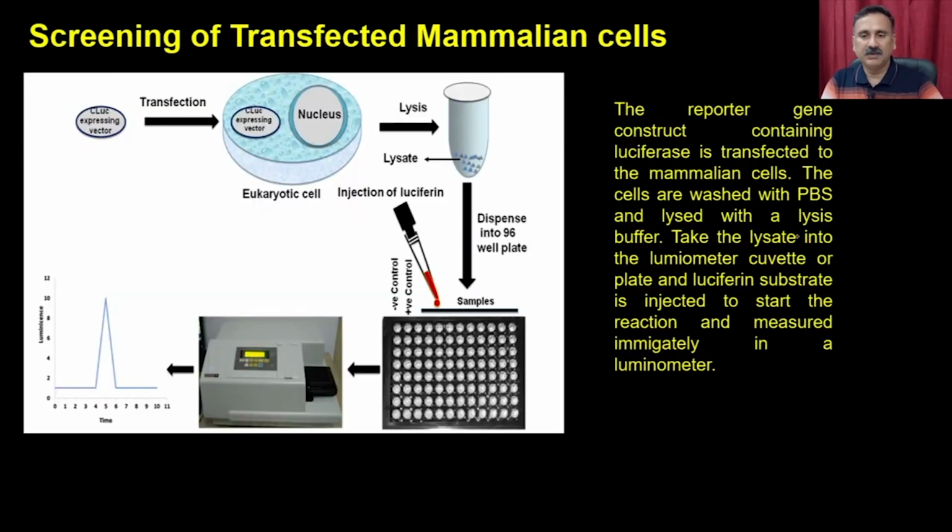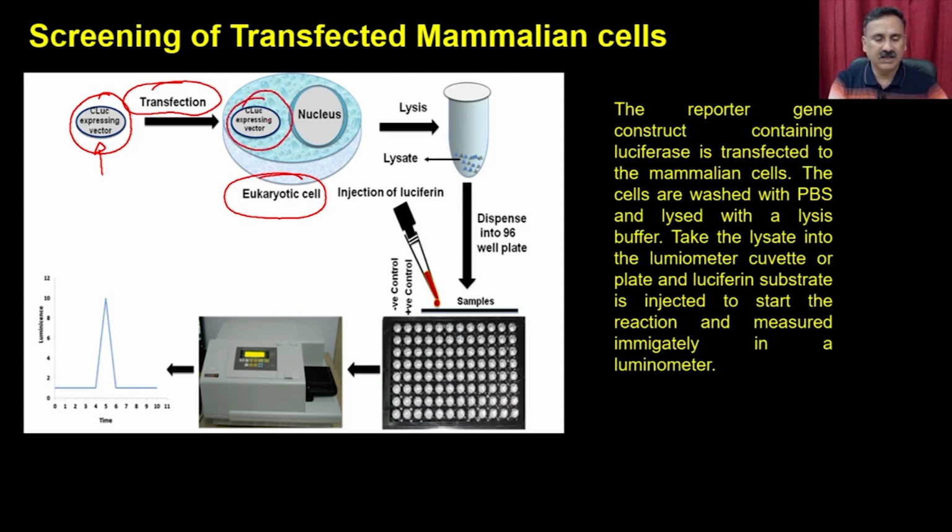So what you are going to do is take the Luc expressing vector, clone your recombinant DNA into this, and then do the transfection. Once you have the transfection, you will have the eukaryotic cell with this recombinant DNA, which contains the Luc gene in front of the promoter. Then you lyse the cells to get the cell lysate, and you can put this cell lysate into a 96-well plate.